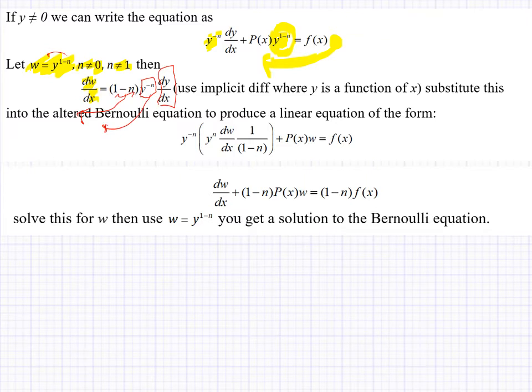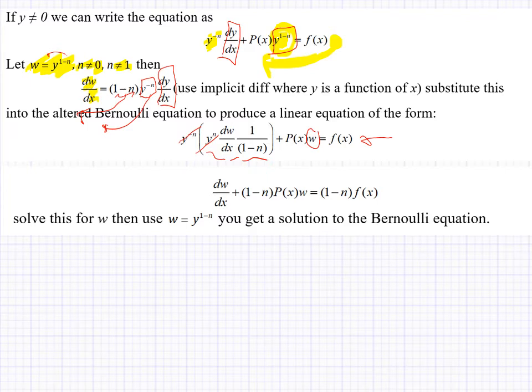In doing so, we're going to rewrite this original equation where the dy/dx is going to come out and be replaced with this from our substitution. The y to the 1 minus n is going to come out and be replaced with the w. And we're going to look at this equation now. If you notice, these two are going to cancel.